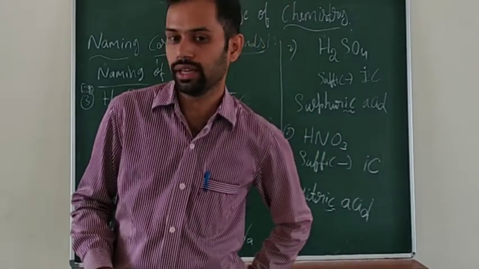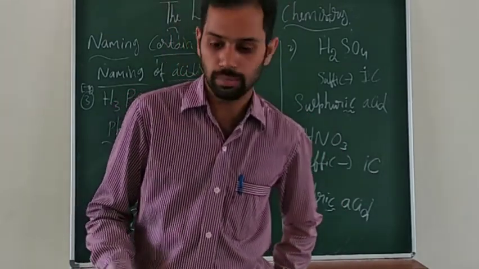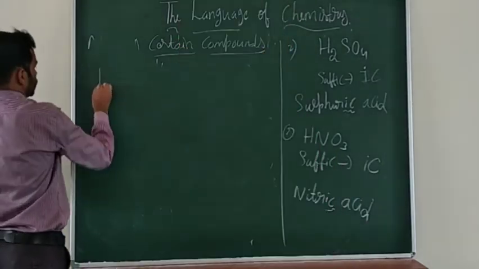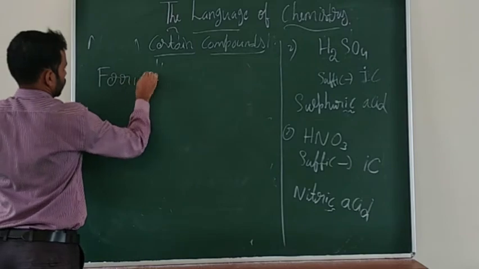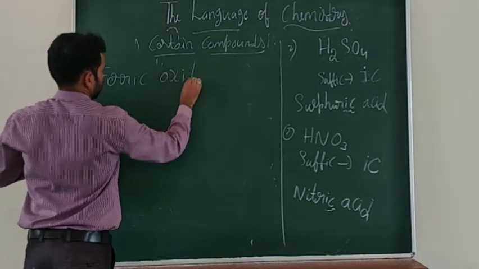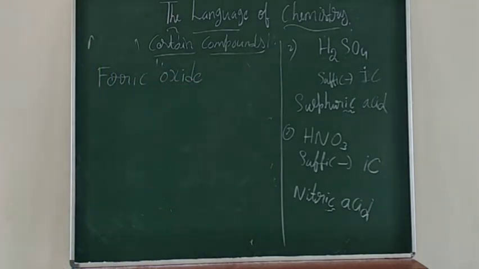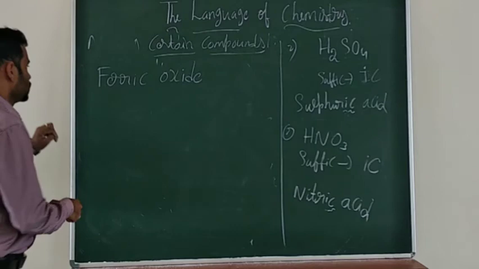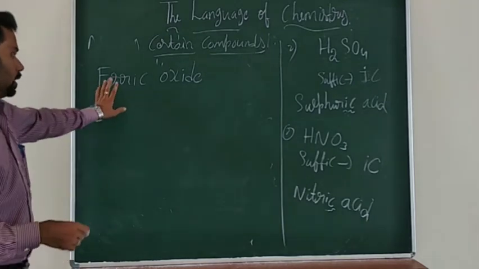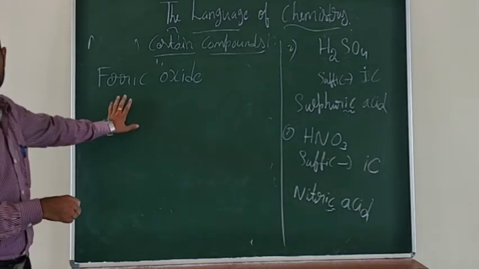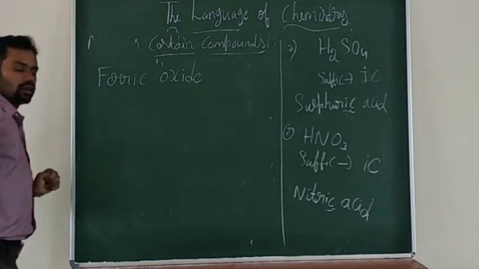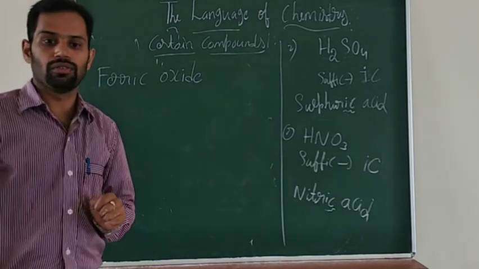From where I began, the chemical formula: how to write the chemical formula of ferric oxide. First you should write the symbols. What is the symbol for ferric?